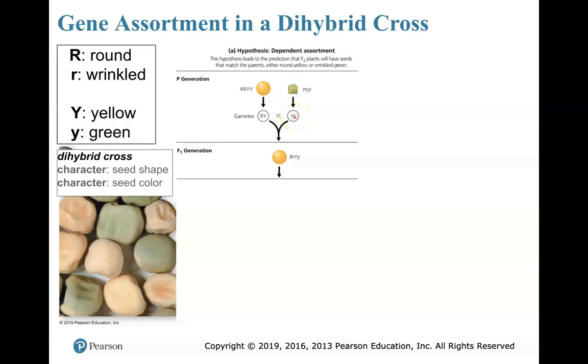Mendel would assume that the F1 generation would be this heterozygous individual where you have those different alleles, one dominant R, one recessive r, one dominant Y, one recessive y. So round, wrinkled, yellow, green, showing those dominant traits because the dominant masks the recessive, showing round and showing yellow as seen in this image.